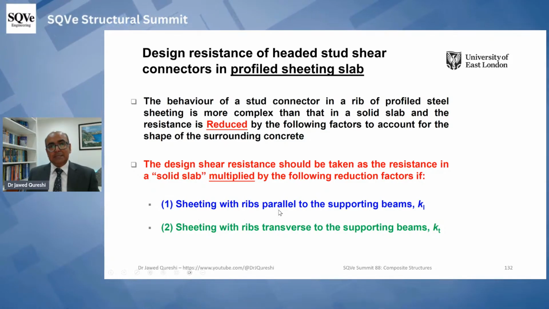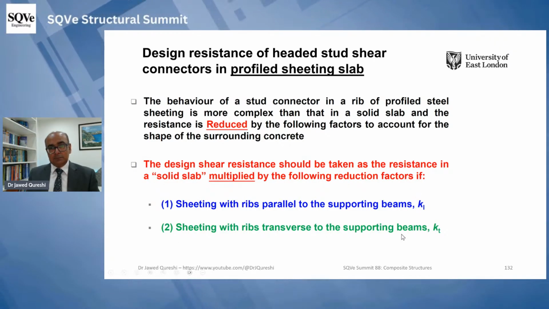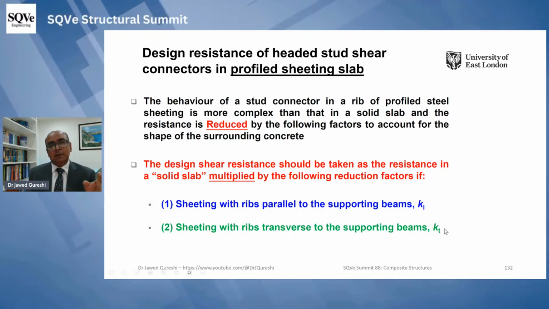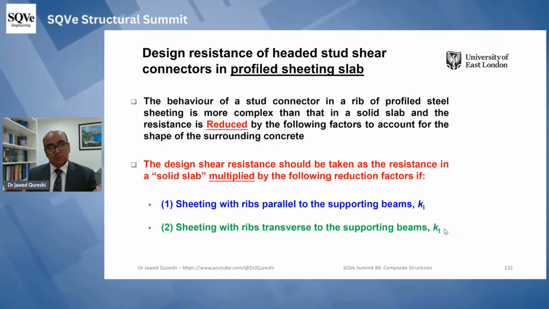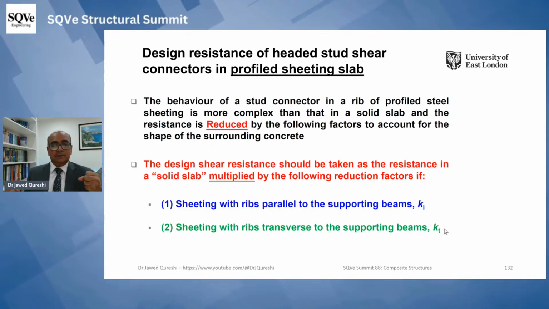For sheeting where ribs are parallel, the reduction factor is KL. For sheeting where ribs are transverse, the reduction factor is KT. This approach is used in American codes, and I'm sure in Indian codes as well. So we work out the design resistance of the solid slab, and then these reduction factors. Parallel ribs means primary beams, transverse means secondary beams.